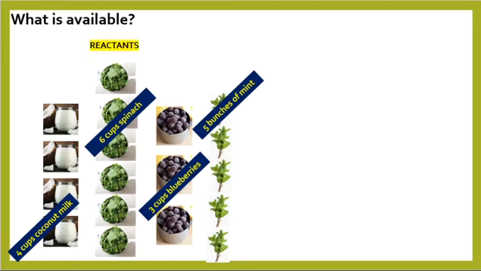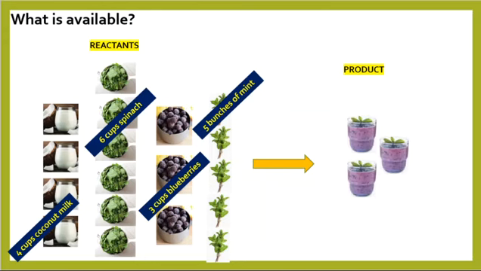We can call these ingredients our reactants. Combining these ingredients will give us our desired product. Combining one of each ingredient as shown in the recipe should allow us to make 3 smoothies. Can you see, based on the picture, why that would be possible?